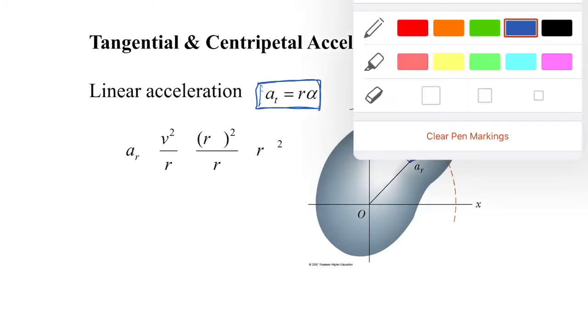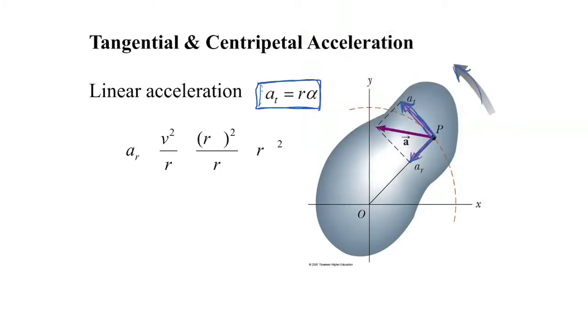And then for centripetal acceleration, we already knew this. Here it has an r next to it, that's the same as centripetal acceleration, which was v squared over r. v is equal to r times omega. And so we're going to square that and put that over r.